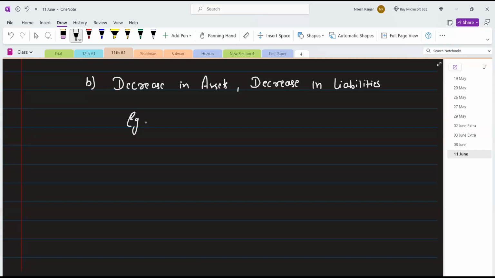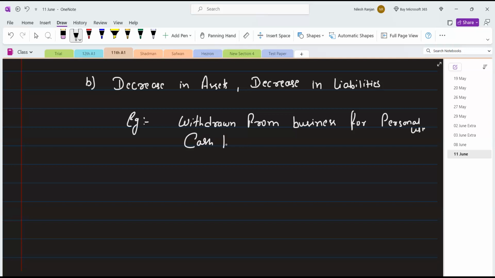Okay. Now examples of decrease in assets, decrease in liabilities. The first is withdrawn from business for personal use. For personal use means your capital will decrease and cash will decrease.